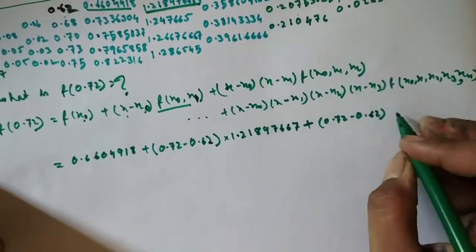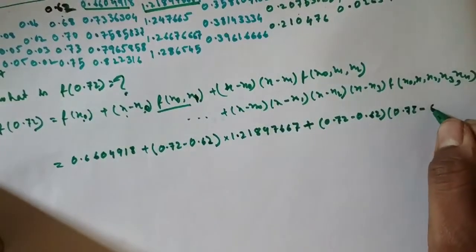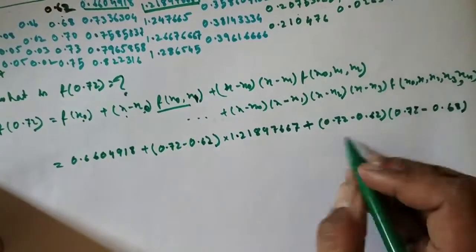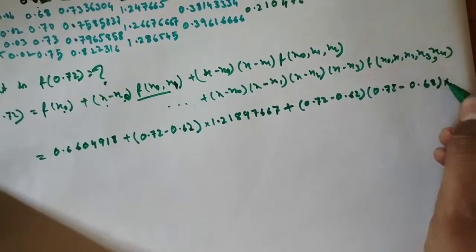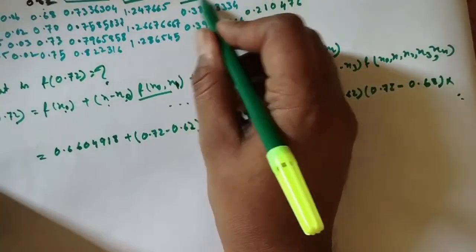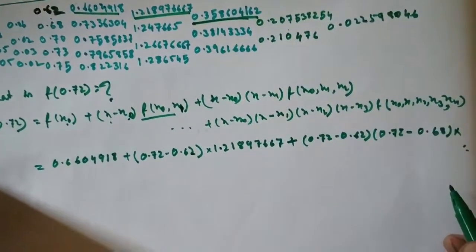And using the table we can assign these values easily. So this is the third order term, it will be this.